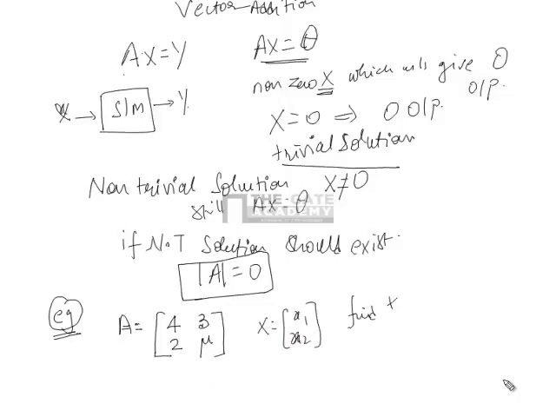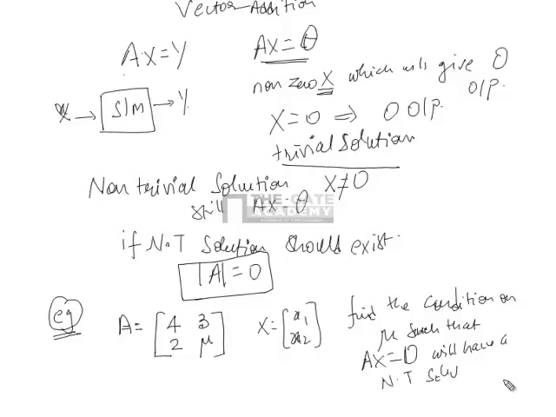Find the condition on mu such that Ax equal to 0 will have a non-trivial solution. So this is a system of equations. We have to find the non-trivial solution.